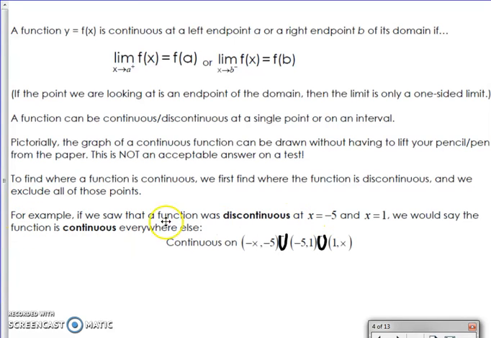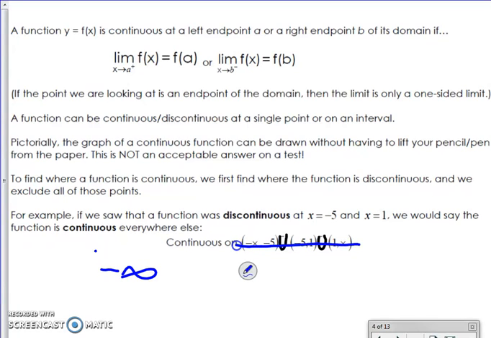So in this example, say the denominator would end up being 0 if you plugged in -5 or if you plugged in 1. So we would say the function is continuous everywhere else. Well, this whole thing is actually a little off. We're going to change it because all the symbols got messed up. So let's get rid of that. This should read -infinity.